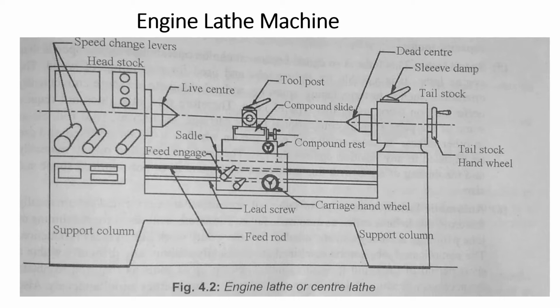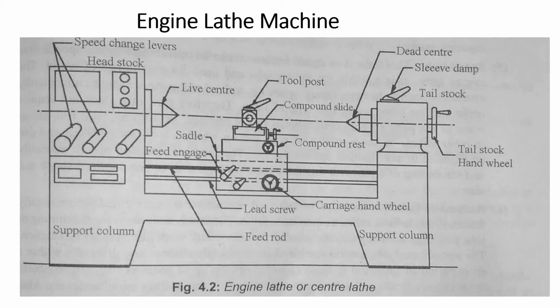It consists of many parts: supporting column, bed, headstock, carriage, and tailstock. Here we are seeing the speed changing lever. It is used for changing the speed, meaning increasing or decreasing the speed.